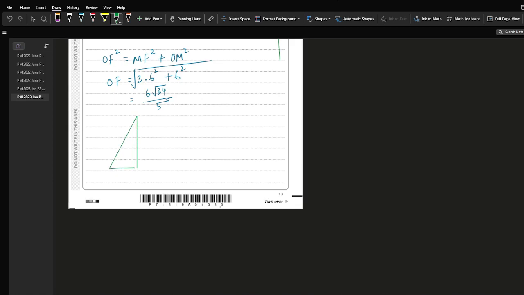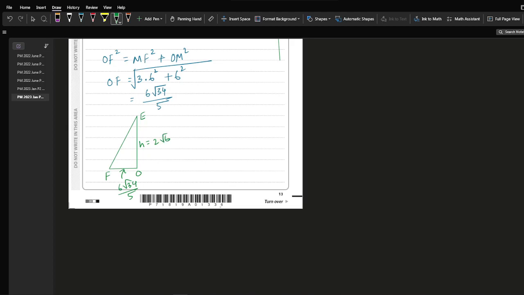With method 1, we have O at the base and F here, E here. OF we found out is 6 root 34 divided by 5. This is OF, and EO we already know H is equal to 2 root 6.